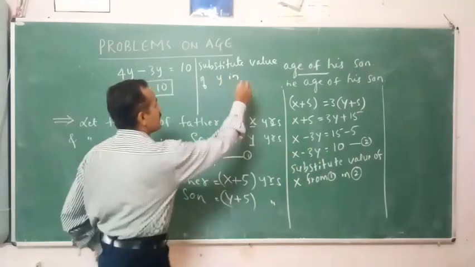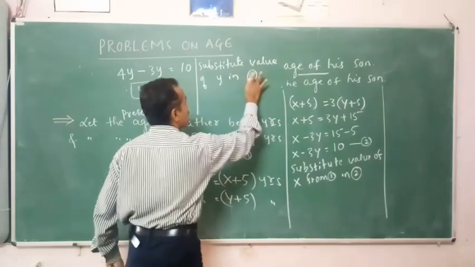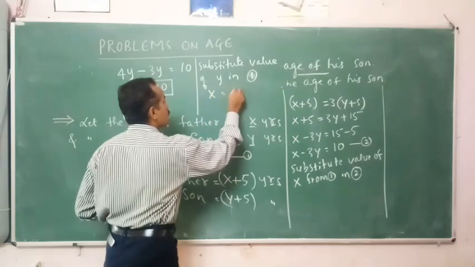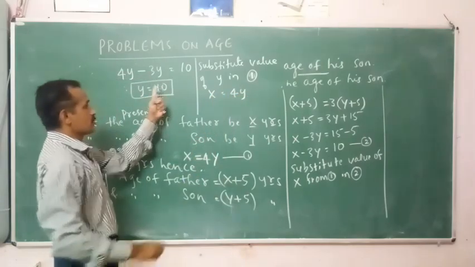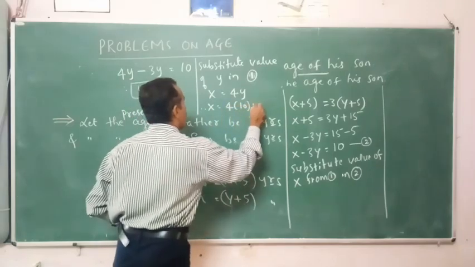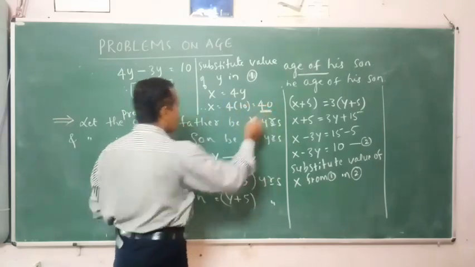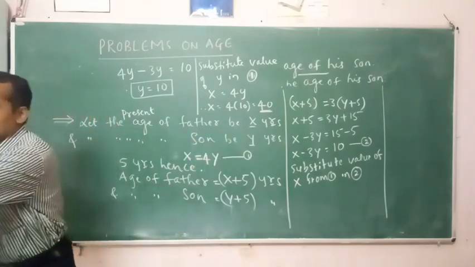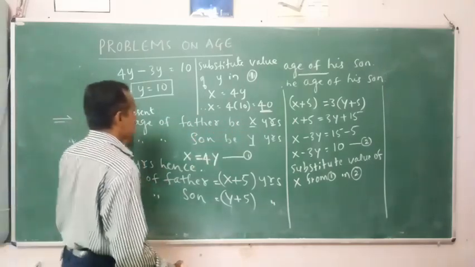Anywhere you can substitute. Equation 1 is simple. In equation 1, x is equals to 4y, y is equals to 10. Therefore, x is equals to 4 into 10. Answer is 40. What is the x? Present age of father.